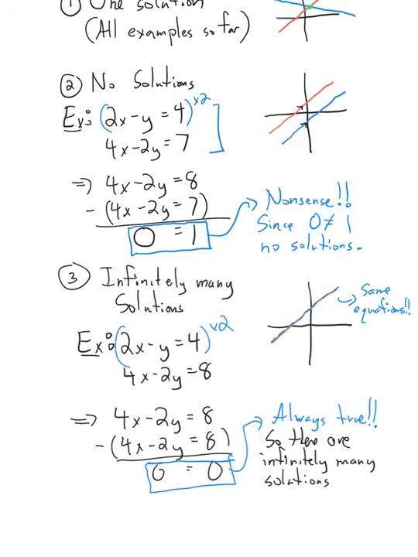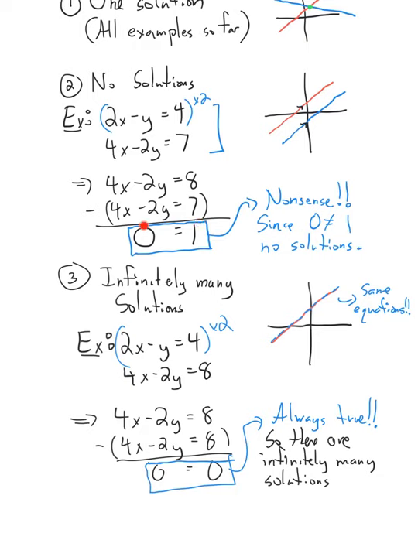Any point on that one line, remember, the blue line and the red line are actually the same line. They were just in different forms. Since they're the same line, any point on that line is going to be a solution to the system of equations. So again, if you're doing substitution, that's what you look for.